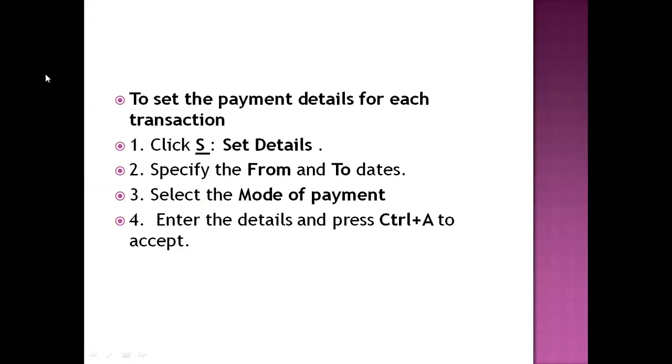Specify the dates from and to which date, and choose the mode of payment. It is by cash, or by credit card, or by NEFT, or it might be any other online payment. Enter the details and press Ctrl plus A to accept it. This is the usual shortcut key for saving, Ctrl plus A.